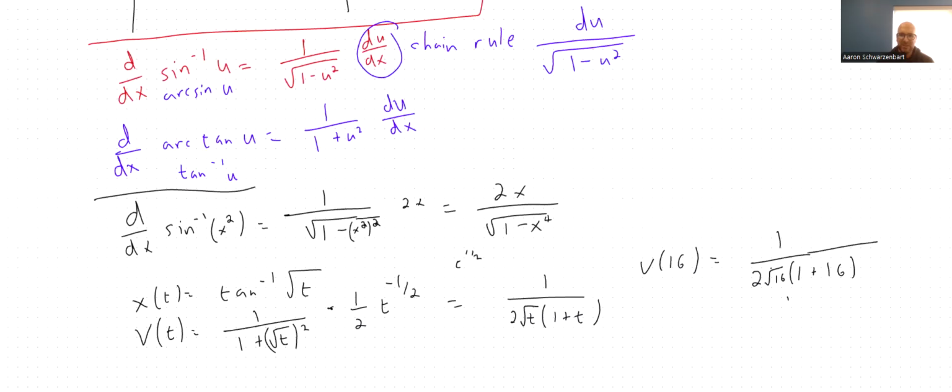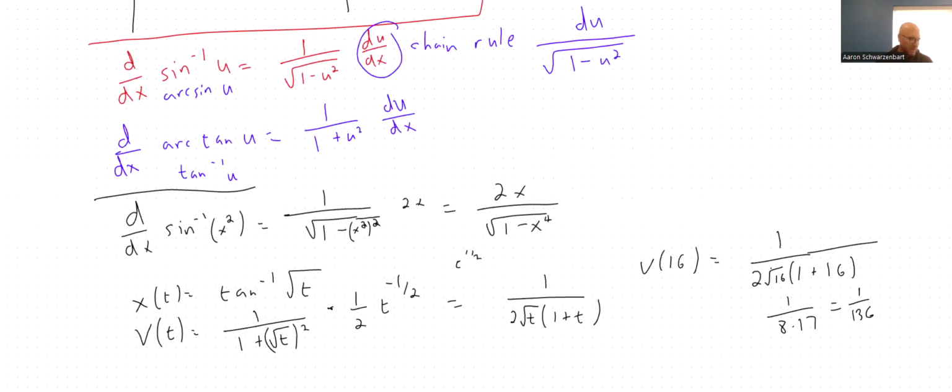One over 8 times 17, which is 136. 1 over 136. Its velocity is very small.